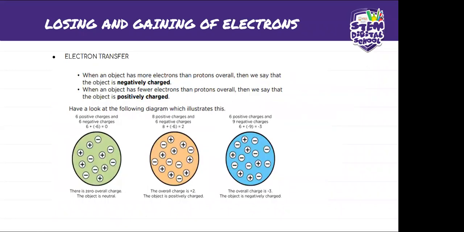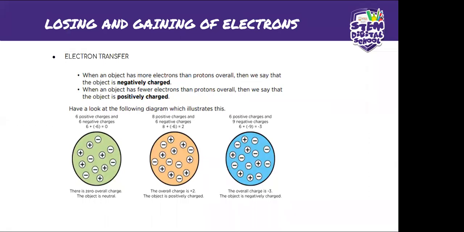Now we are going to look at the losing and gaining of electrons. You remember we said when we have one object and another object interacting by way of friction, we have a loss of electrons. How does that happen? We are looking at electron transfer. When an object has more electrons than protons, we say that object is negatively charged.